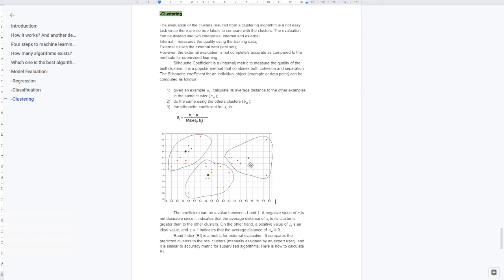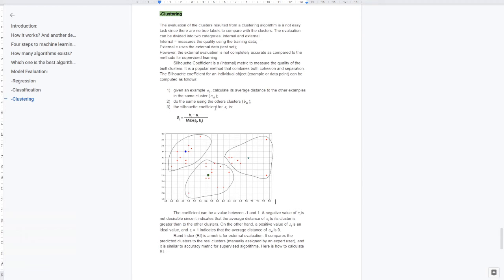Well, we will measure the distance of this point to this, to this, to this, to this, to this, and the other, and all points in this cluster, and we will take the average of this.